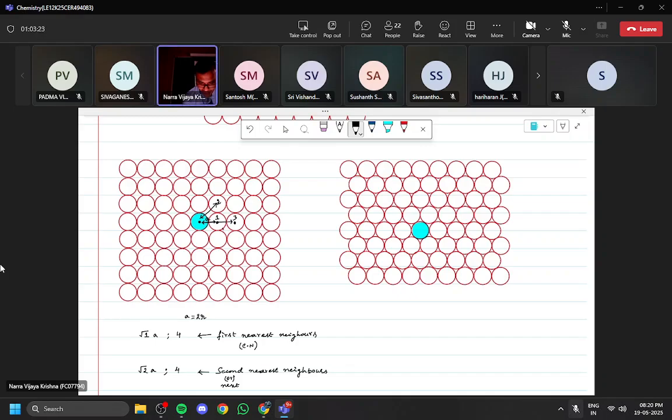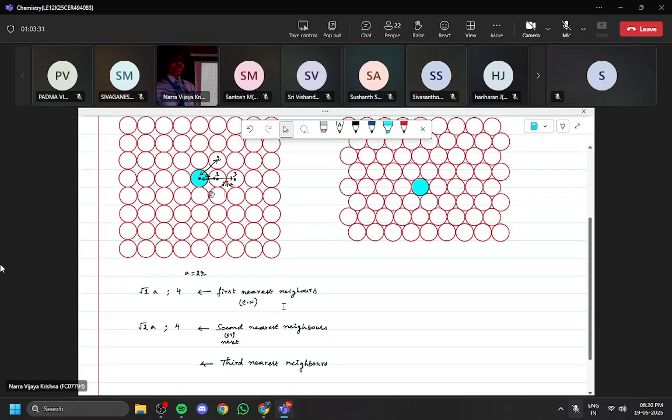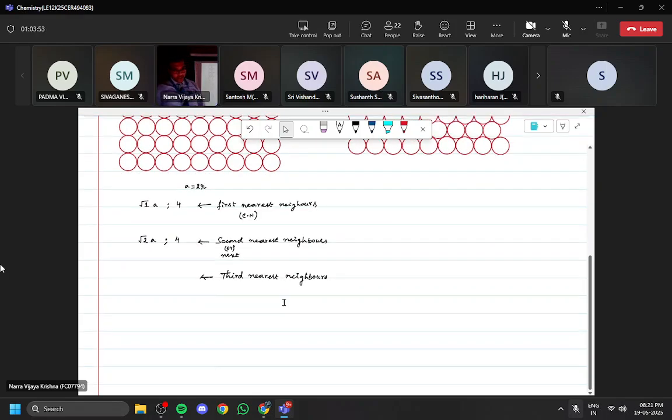Root 4a. How many? Again 4, because after every a, you will find root 4a. After every first nearest neighbor, you will find a third nearest neighbor. How many first nearest neighbors do you have? 4. So you will find 4 third nearest neighbors. At a distance of root 4a, how many? 4.